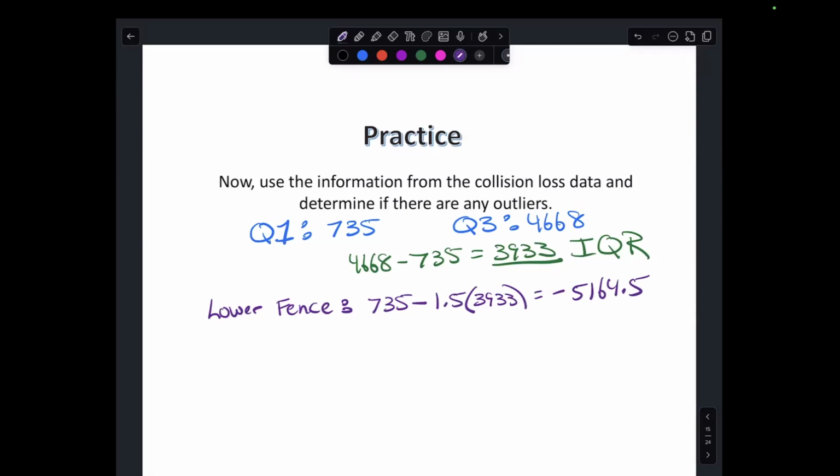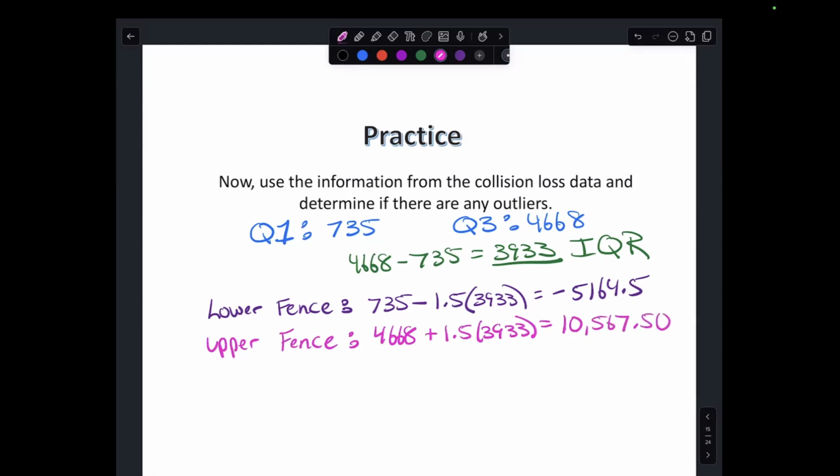So let's try the upper fence. I'm going to take my Q3 plus 1.5 times 3933. Put that in my calculator, and I have $10,567.50.